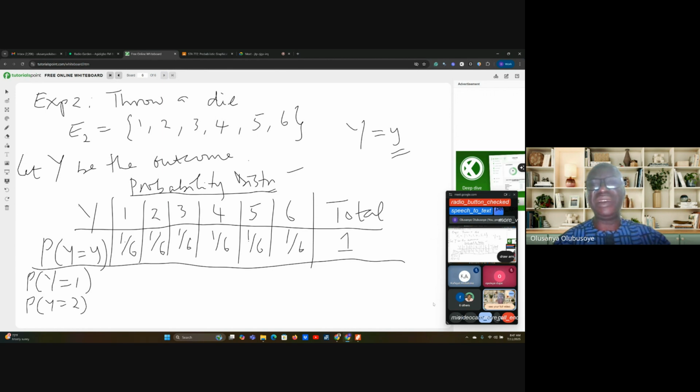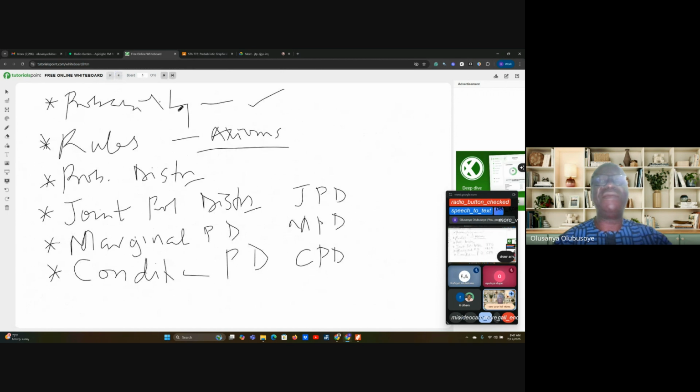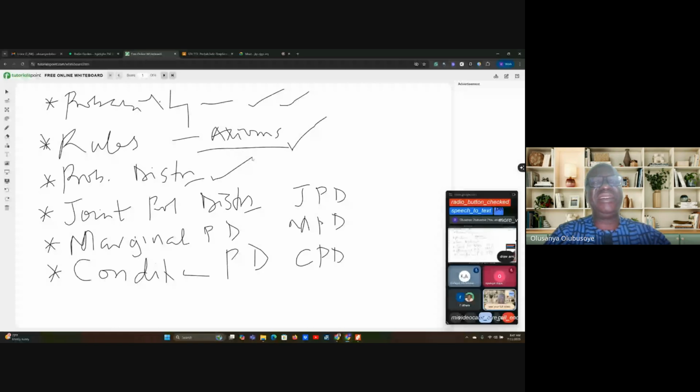If this is clear, which I believe, that means we have discussed probability and we have also understood the rules. Again, we should all be able to construct a probability distribution table for any statistical experiment.